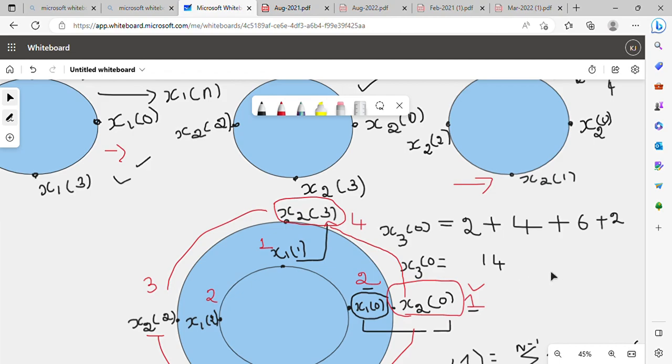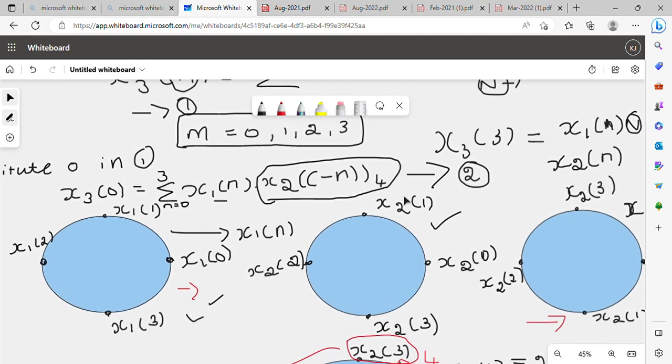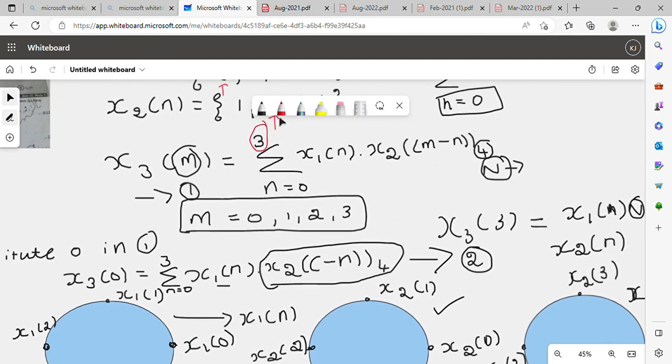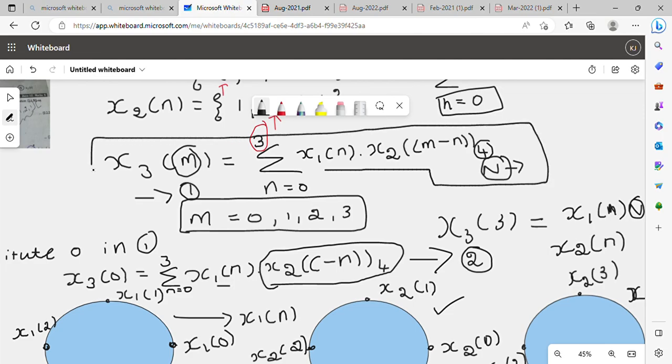What you have to do is learn this equation by heart, without fail. Here, in place of 3 you would just write n minus 1, right?